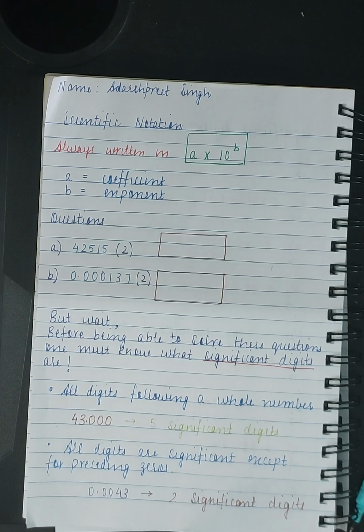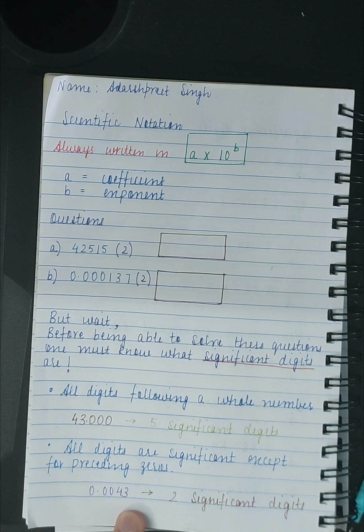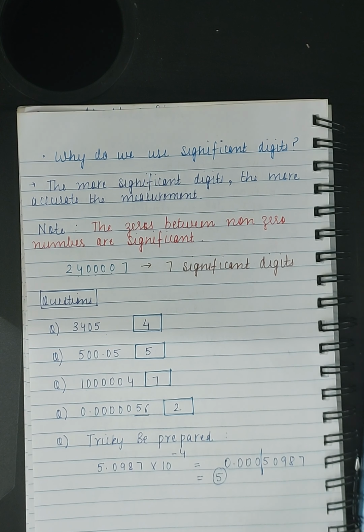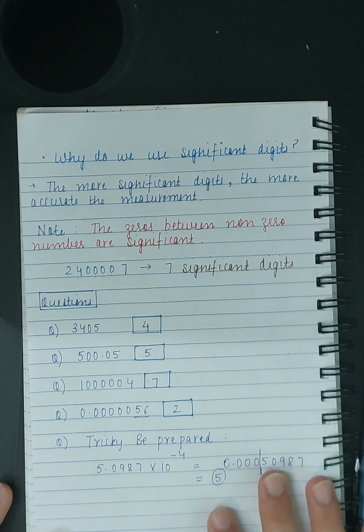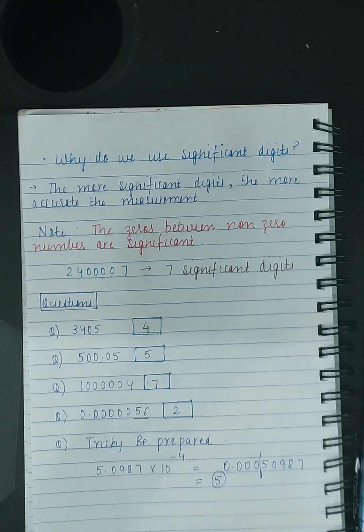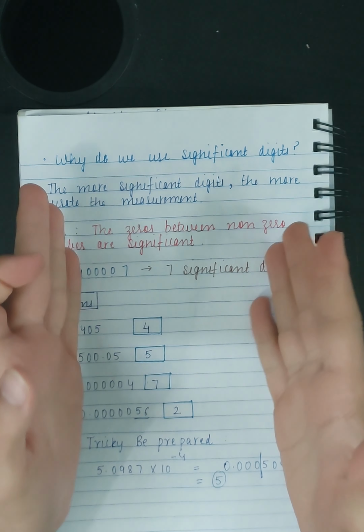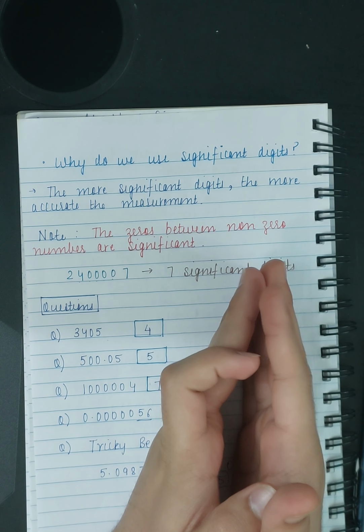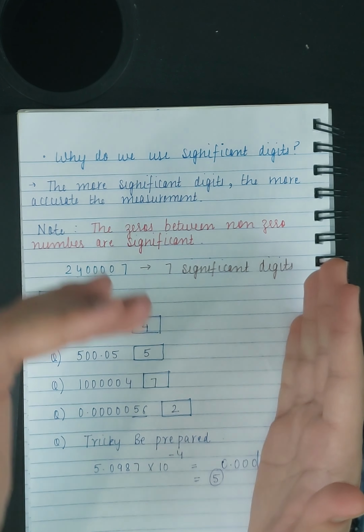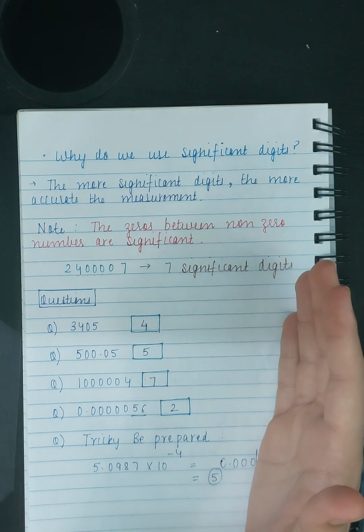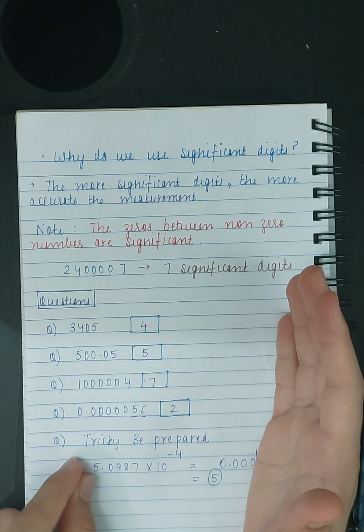Due to that, we have 2 significant digits in this example. Now a very obvious question arises: why do we use significant digits? The reason is that the more significant digits we use, the more accurate our measurement or the answer gets.